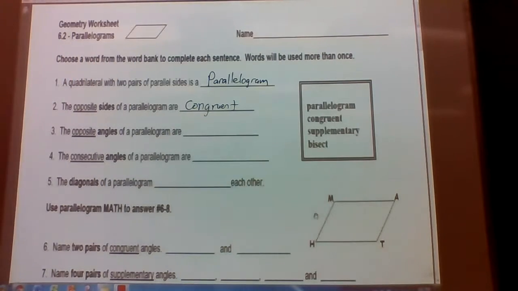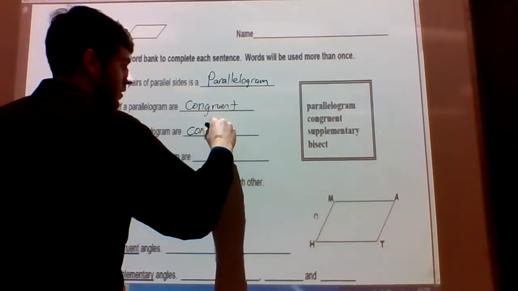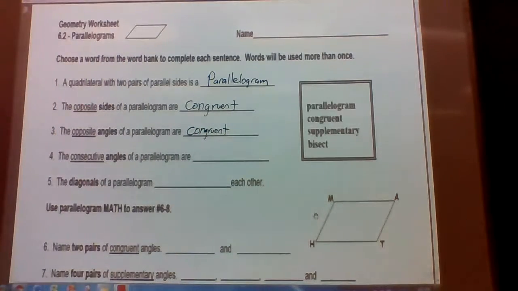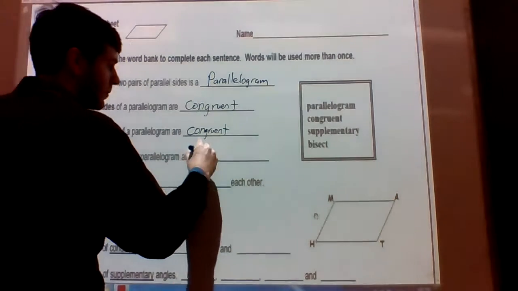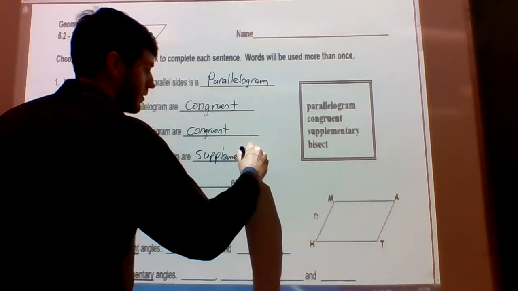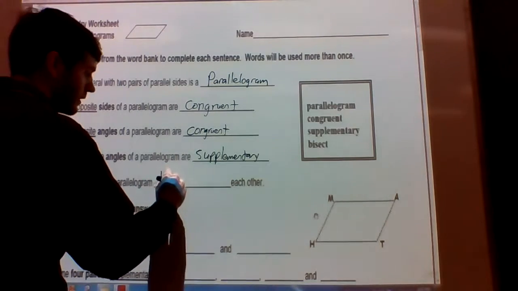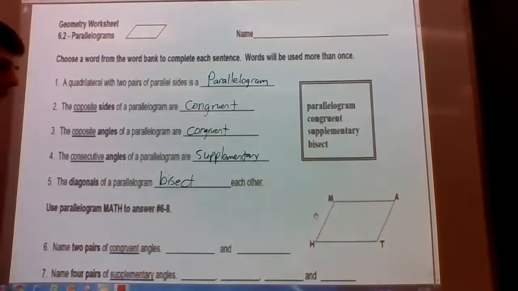The opposite angles of a parallelogram, we said, are going to be congruent. And the consecutive angles of a parallelogram are going to be supplementary. And the diagonals of a parallelogram bisect each other. Okay, those were our 4 properties.